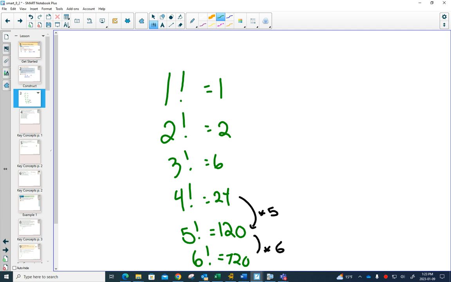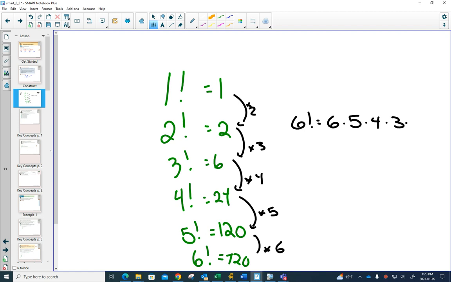And so the definition, 6 factorial is just 5 factorial times 6, and 5 factorial is just 4 factorial times 5, and this one you got from here by multiplying by 4, and here you multiplied by 3, and here you multiplied by 2. Then 6 factorial is just 6 times 5 factorial, and 5 factorial is just 5 times 4 factorial, and 4 factorial is just 4 times 3 factorial, and 3 factorial is just 3 times 2 factorial, and 2 factorial is just 2 times 1.